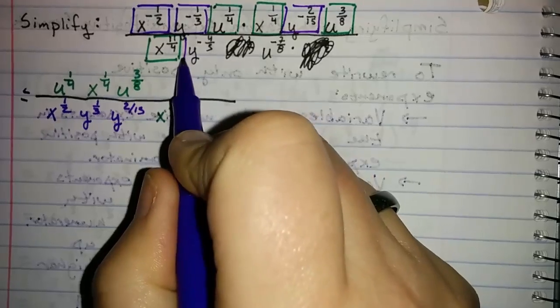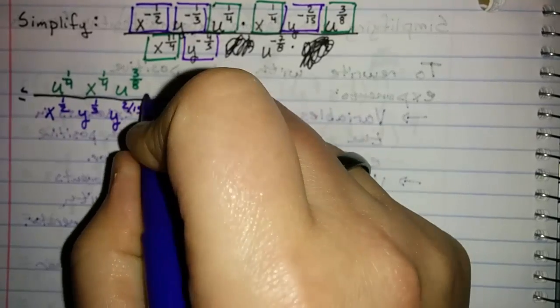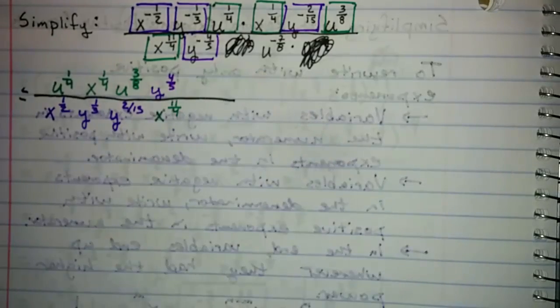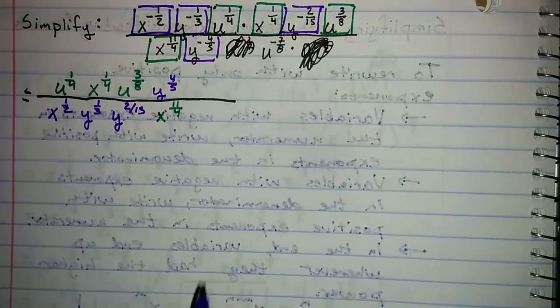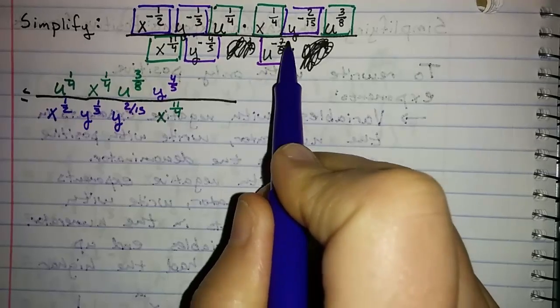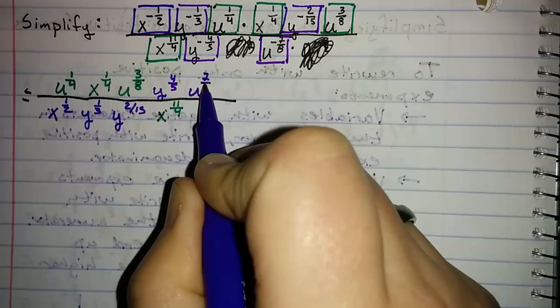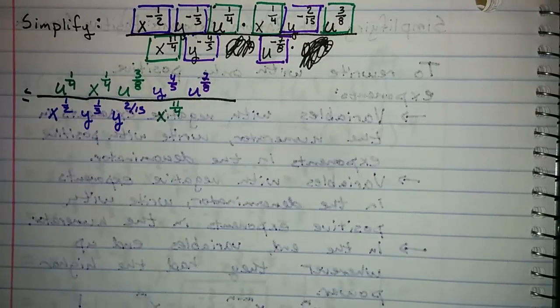Y to the negative 4/5 becomes y to the positive 4/5 in the numerator. And u to the negative 7/8 becomes u to the positive 7/8 in the numerator.